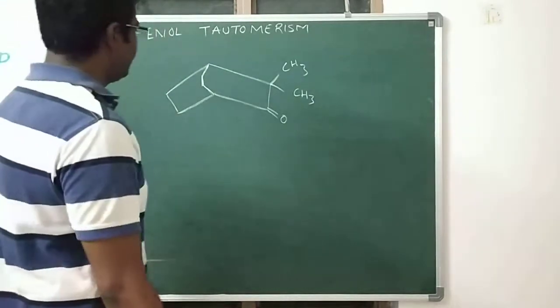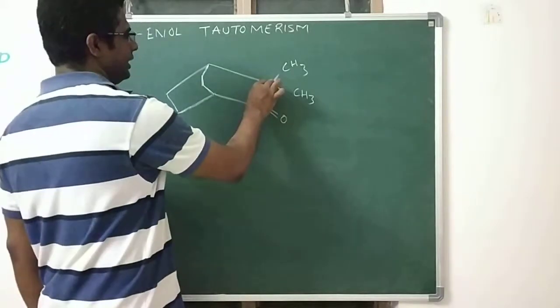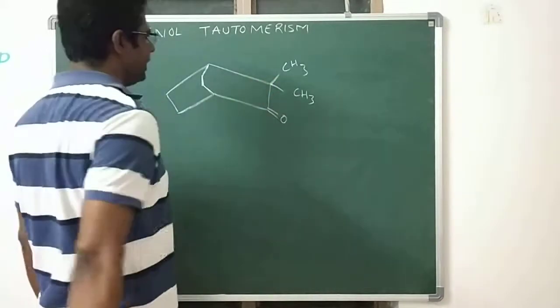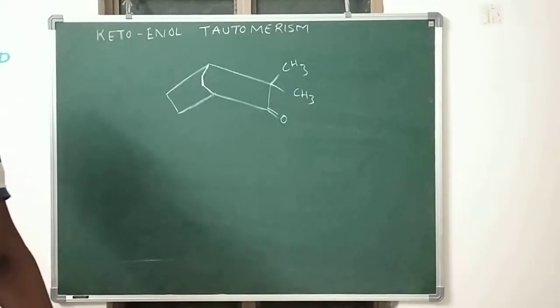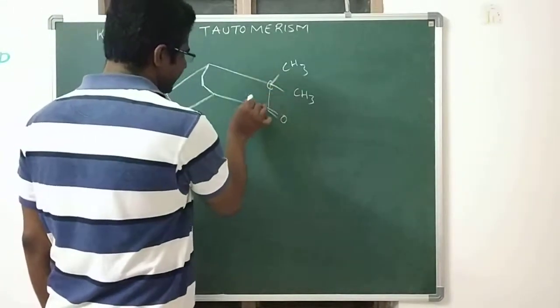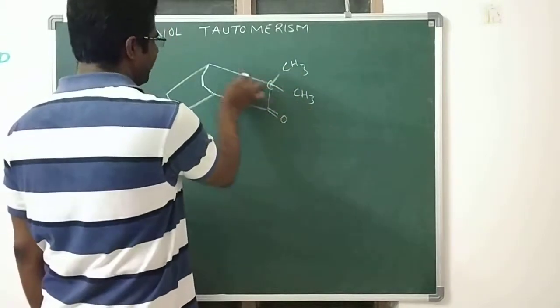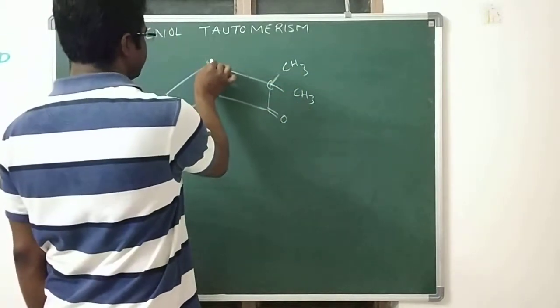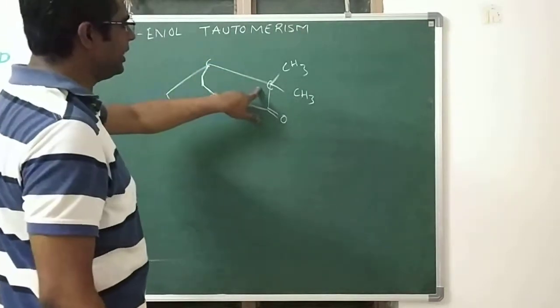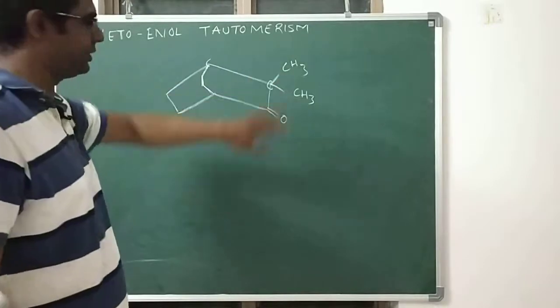First of all, try to find out what are the carbons that are present. Here there is one carbon, right? Here there is one carbon. Now, this carbon is connected to two methyl groups, and one is this carbonyl group, another is this carbon. So, this carbon essentially has no hydrogen. So there is no alpha hydrogen with this carbon, so it is not possible.